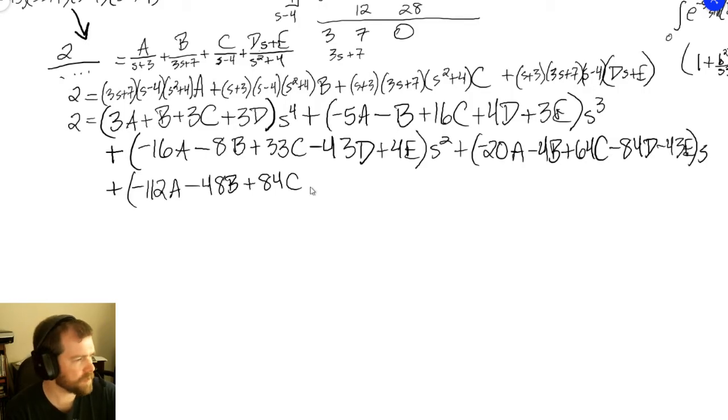D doesn't have a constant term, and a minus 84e.